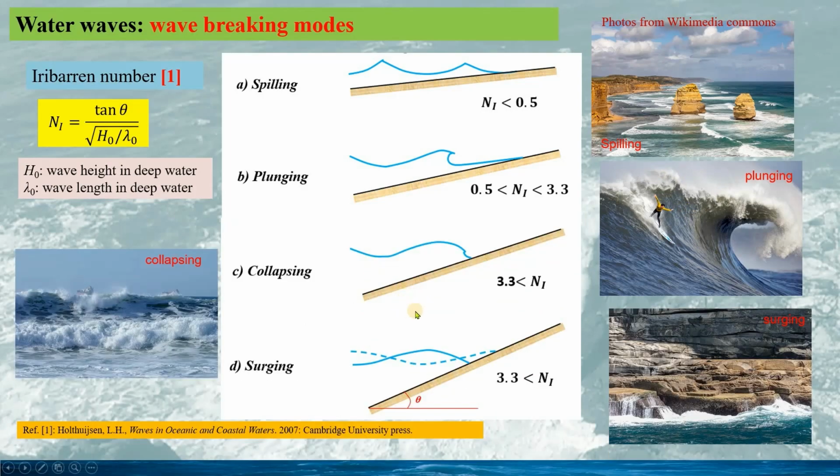On steeper beaches, when the equilibrium number becomes larger than 3.3, the wave breaks either in collapsing or surging. In surging, the wave hardly breaks due to the steeper beach and the relatively large water depth, so the wave surges back to the sea.